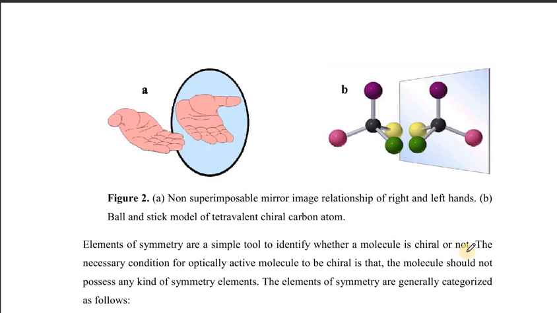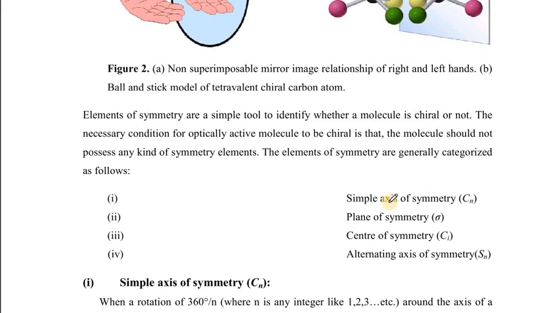These elements of symmetry are generally categorized as follows: simple axis of symmetry, denoted by Cn, then plane of symmetry sigma, then center of symmetry Ci, and then alternating axis of symmetry Sn.